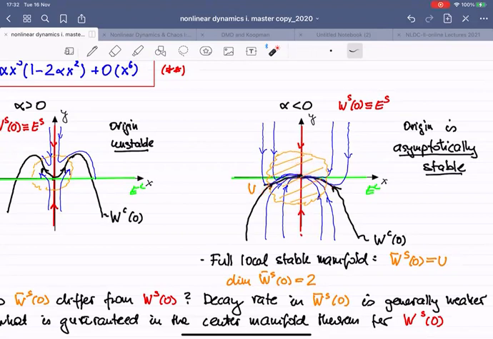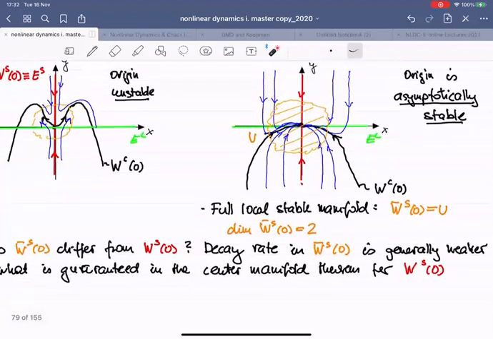But technically, the actual stable manifold is a whole open neighborhood of the origin, which you can then even track in backward time and see how large it is, right? So this essentially makes the de facto stable manifold two-dimensional, but it has a weak direction.